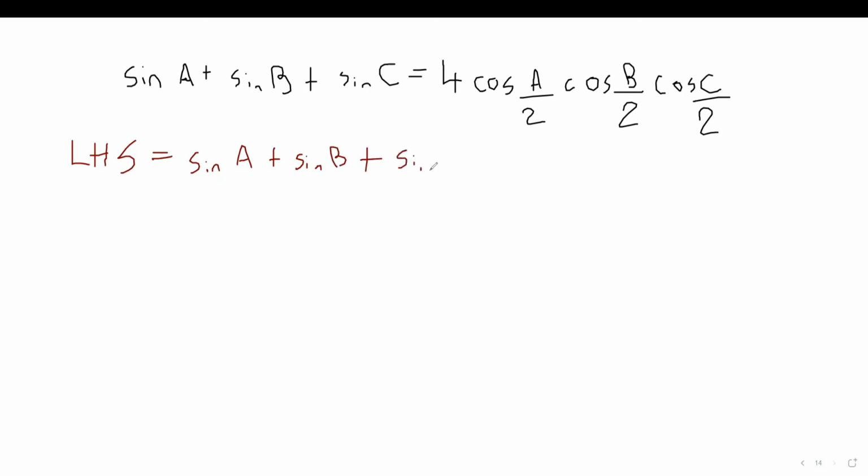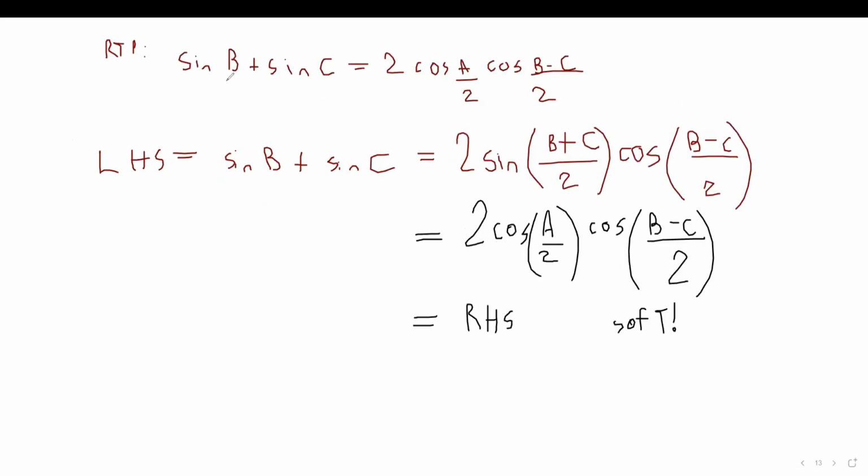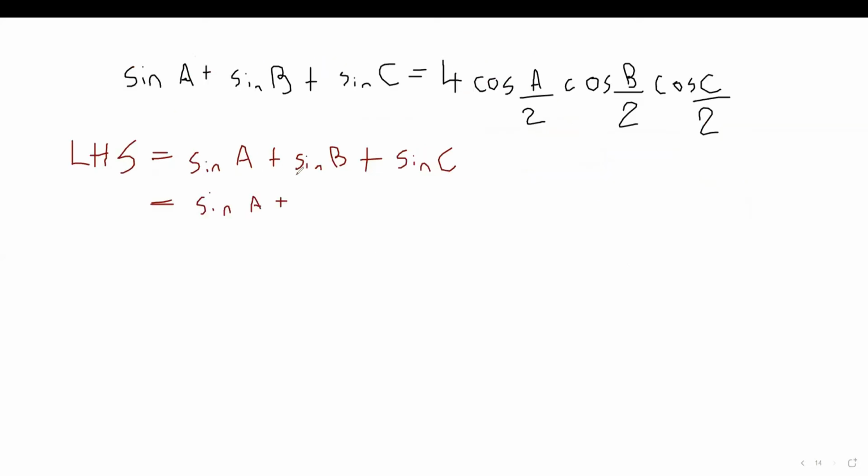Now bear this in mind. Remember that sine A, I'm not going to trouble right now. Why not? Because we had already found sine B plus sine C. We already said that sine B plus sine C is 2 cos A over 2 cos B minus C over 2.